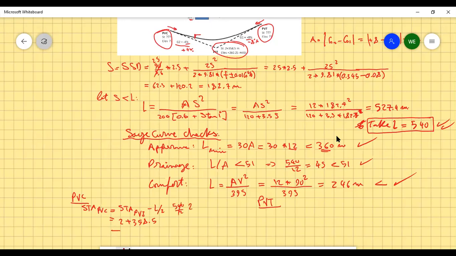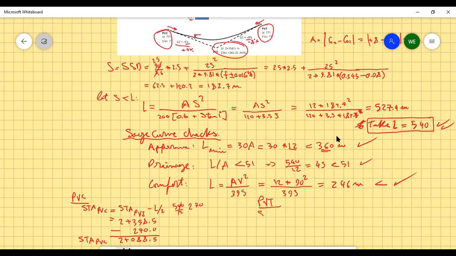So this is 270 minus 270.0. This will be 0.5, and here is 8, and here will be 3, 0, not 3, I'm sorry, 8, 0 plus 2. So that's the station of the PVC.